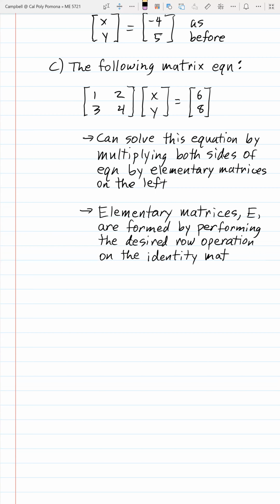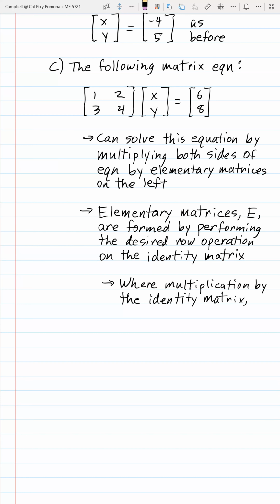So what is the identity matrix? Well, as is true with everything that is captured by the idea of identity, it turns out that multiplication by the identity matrix, of course, using the matrix multiplication operation that we defined before.